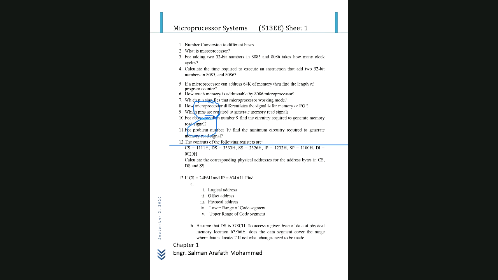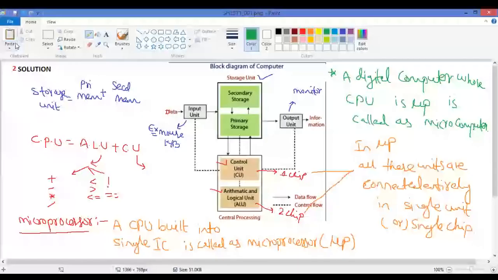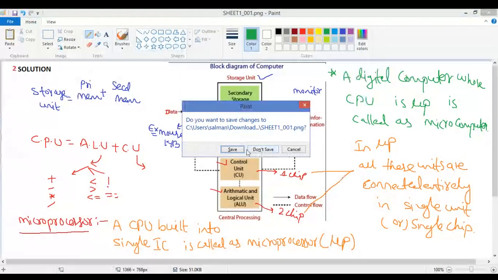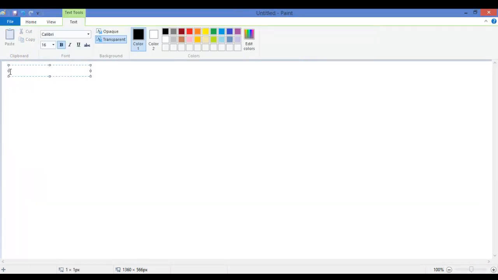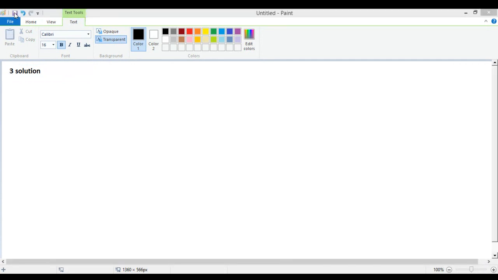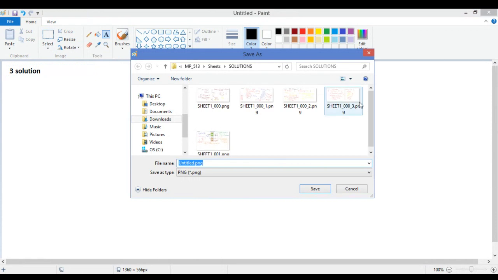So I'll share my screen. Let's go for a new sheet and save it. Here I will go for the third solution sheet.